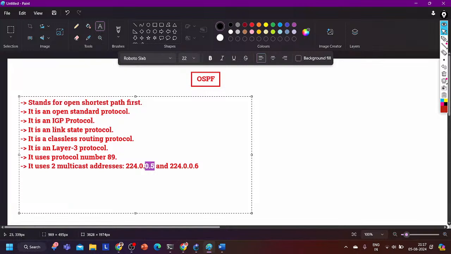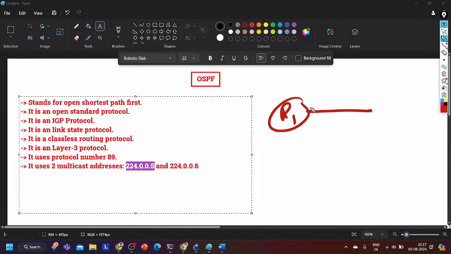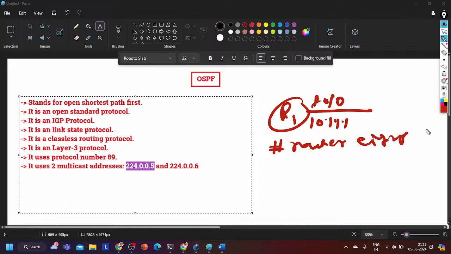Actually, all routers in the OSPF domain will listen to this IP address. Like guys, if I have a router R1 with F0/0 and on this interface the IP address is 10.1.1.1. To enable the EIGRP routing protocol, you are going to run the command router eigrp AS number, let's say 10, and then network 10.1.1.0.